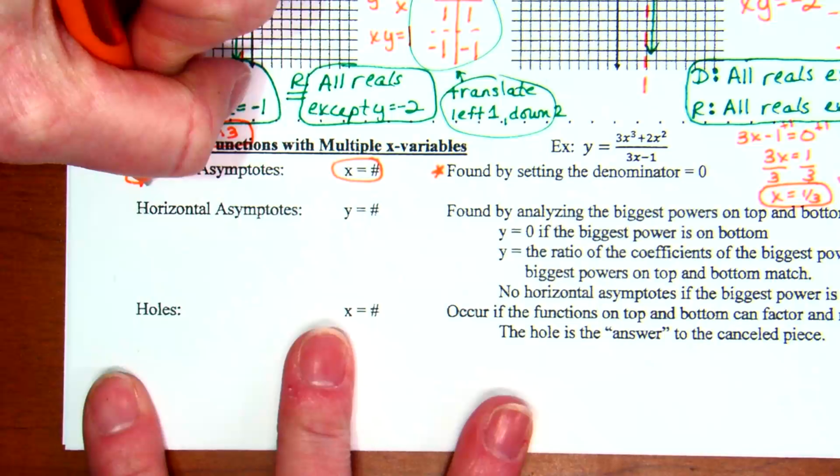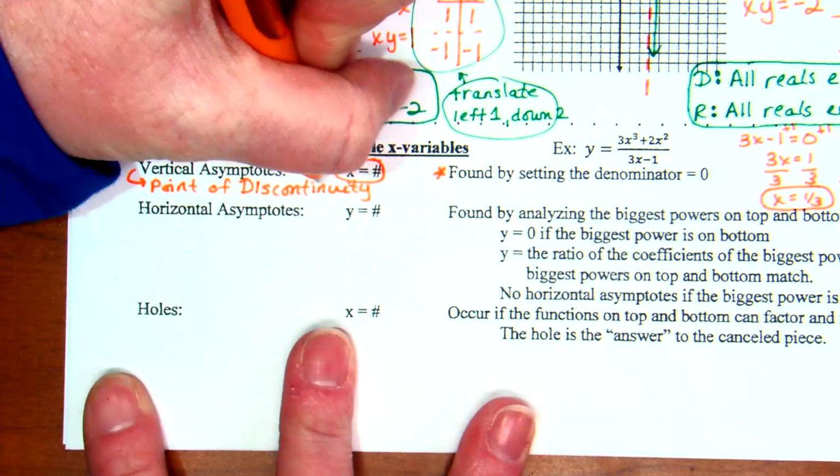So I'm going to write that in right here underneath vertical asymptote, that it is a point of discontinuity. That was me spelling it as I went. Okay, it's a point of discontinuity, specifically non-removable.